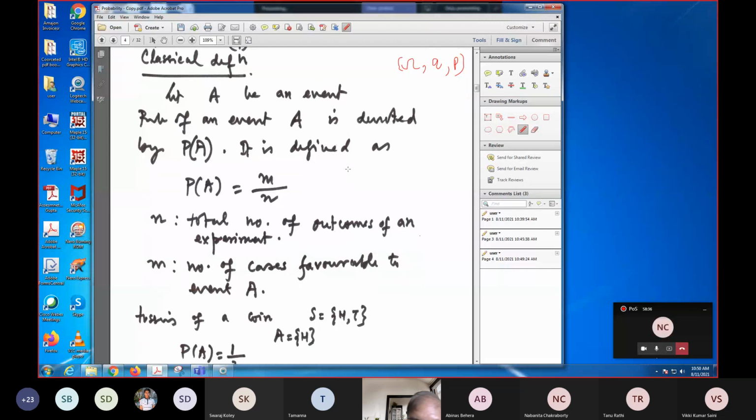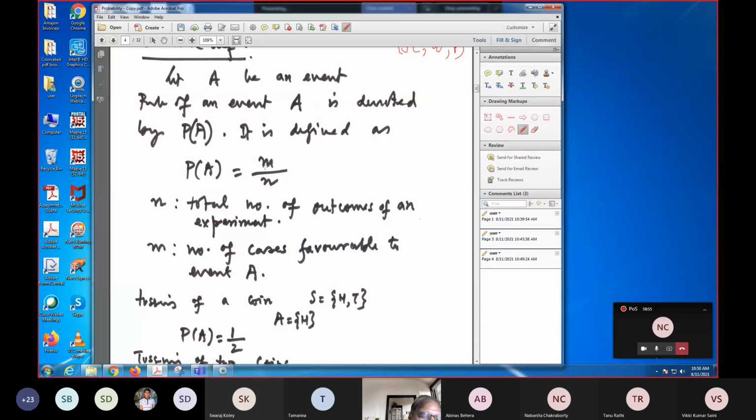Classical definition: A is an event. So the probability of event A, as I told you, is denoted by P of A. Now, how is it defined? It is nothing but the ratio of two numbers, the numerator M and the denominator N. Let us first focus on the denominator. The denominator indicates the total number of possible outcomes associated with that experiment.